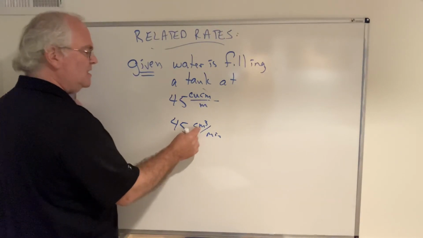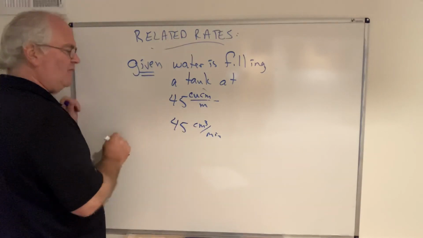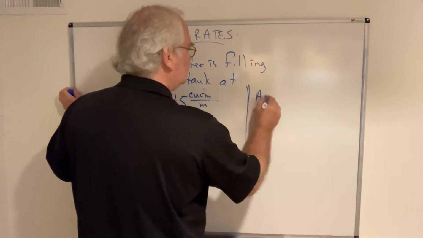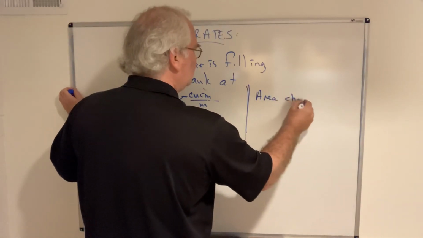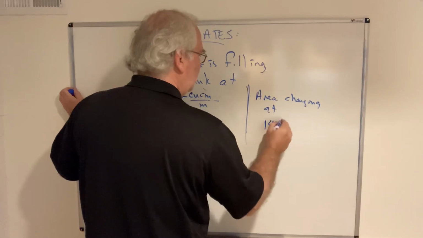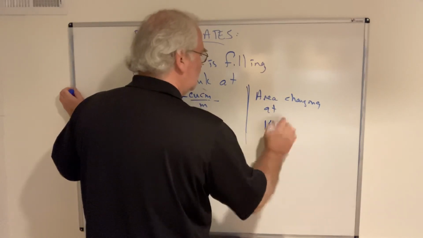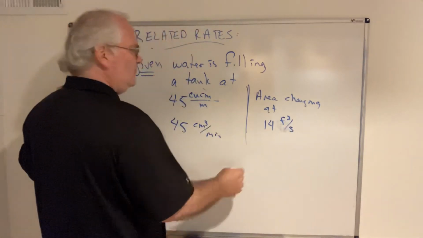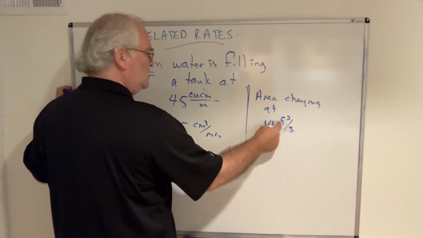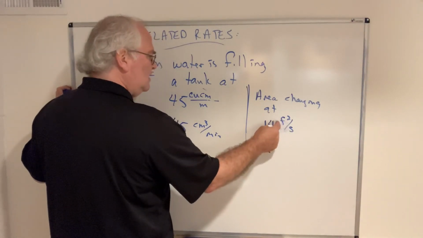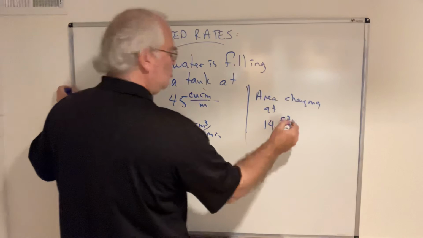Cubic centimeters measures volume. Suppose we say the area is changing at 14 square feet per second.